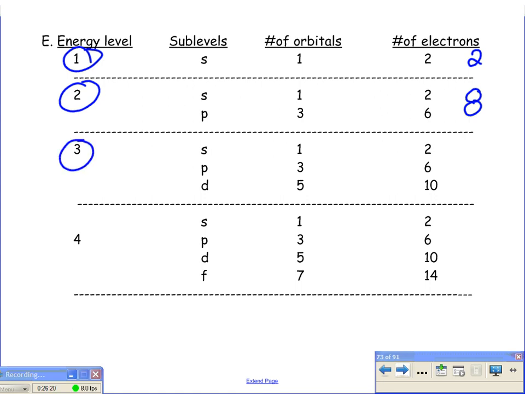The third can hold 18, and the fourth and fifth and so on can hold 32. We got these numbers by adding together the electrons that fit in the sublevels. So that tells us how many electrons can fit in the entire energy level.